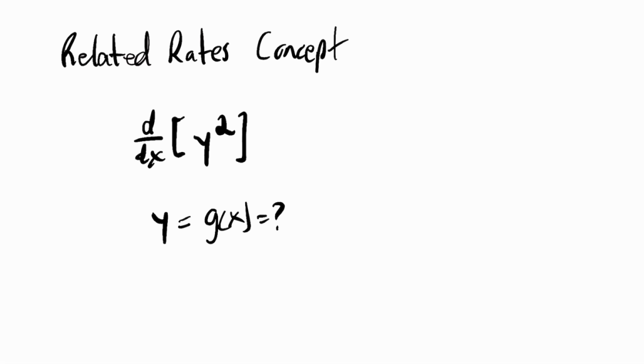So when we have y squared as the input for this derivative operation, we have a function of a function. This is g of x squared. y squared equals g of x in parentheses squared. We have an inside function and an outside function, so we need to use the chain rule.